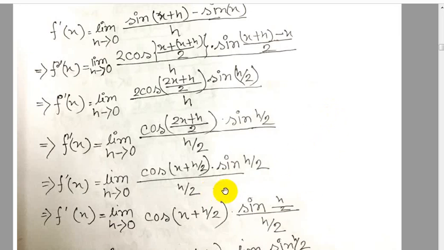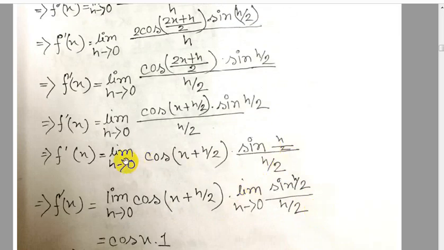We will actually apply that conclusion of our limit function, and we have limit h tends to 0 of cos of (x plus h by 2) into sine of h by 2 divided by h by 2.